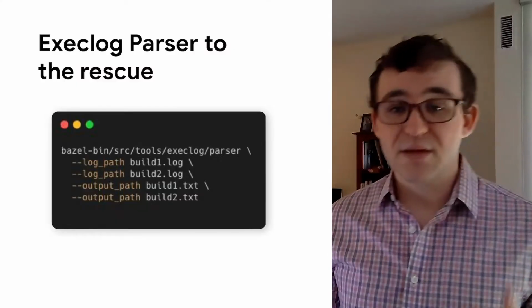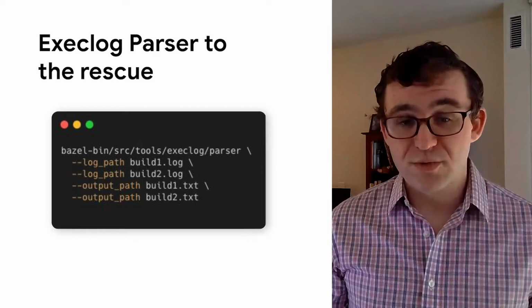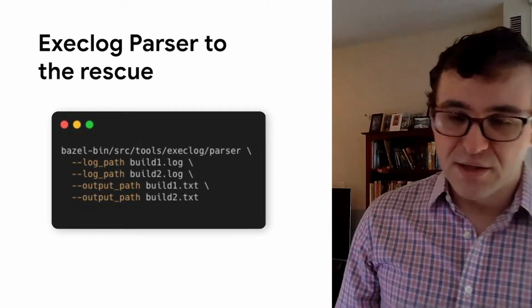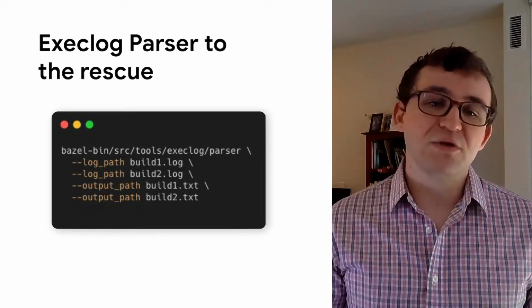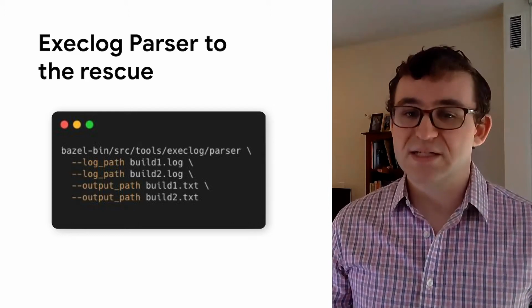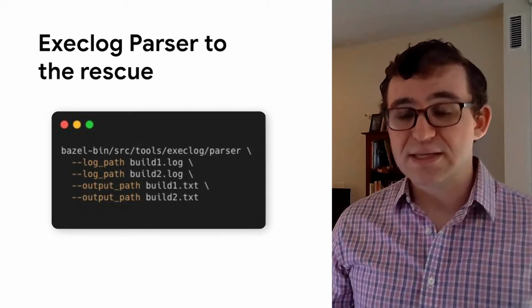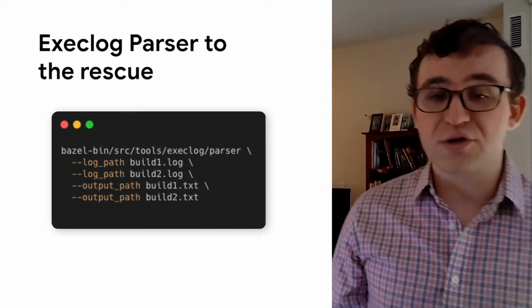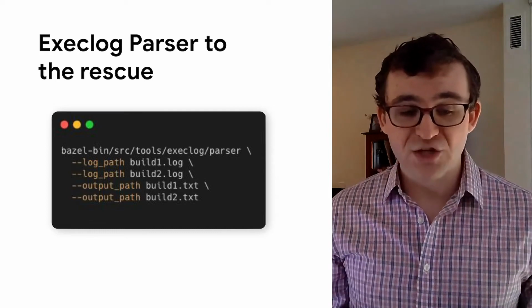But the parser has one last trick up its sleeve, and we saved the best for last. If you pass in not one, but two binary exec logs, the exec log parser will spit out two plain text files with the actions in the second text file reordered so they match up with actions in the first file.